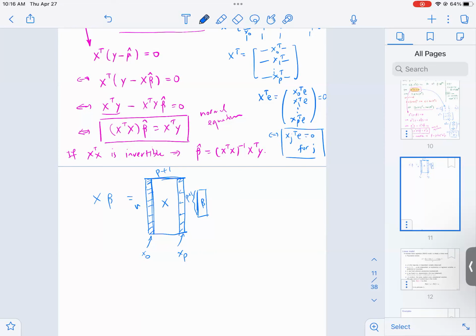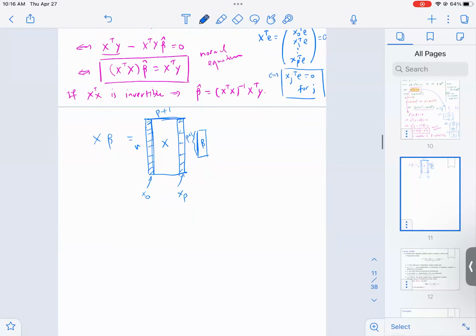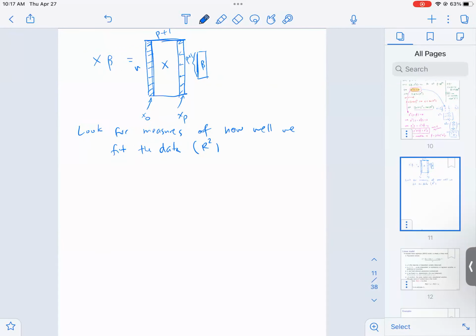We talked about that. So look for measures of how well we fit the data, like R squared. R squared corresponds very closely to the mean squared error.